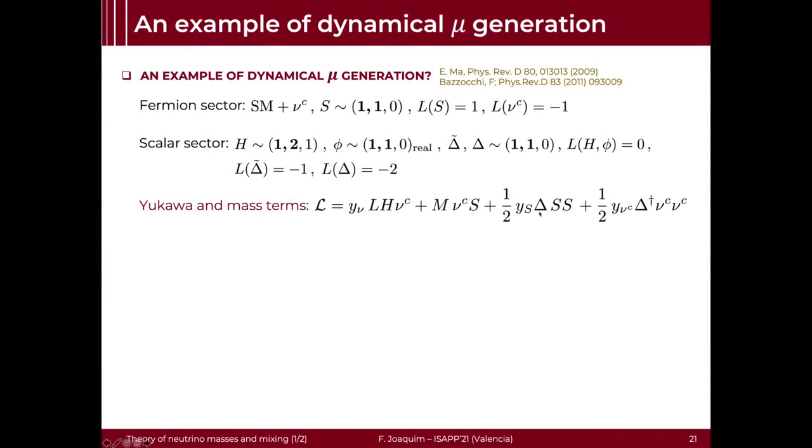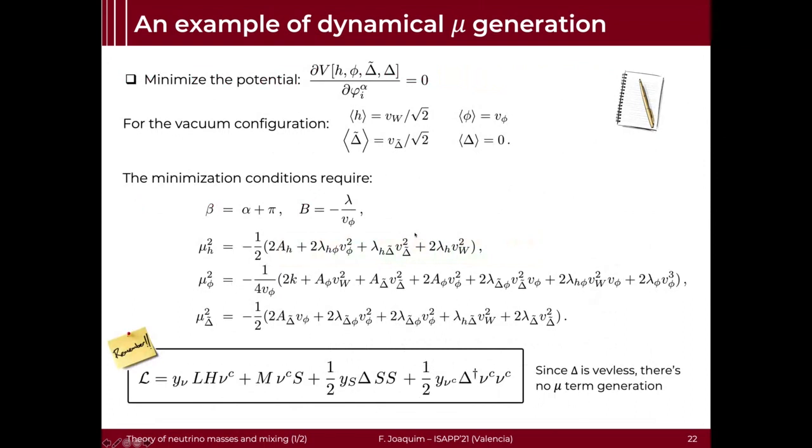Because if they acquire a VEV, you have to explain why this VEV is very small, or maybe consider very small Yukawa couplings, and you don't want that. You just say that this delta, which is a singlet of SU(2), has lepton number -2, so it can couple with SS. It does not acquire a VEV. Only delta tilde, which has lepton number -1, acquires a VEV.